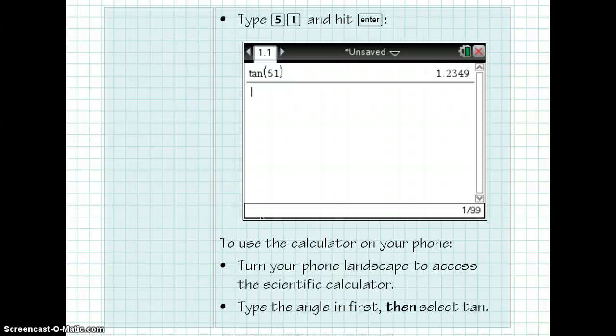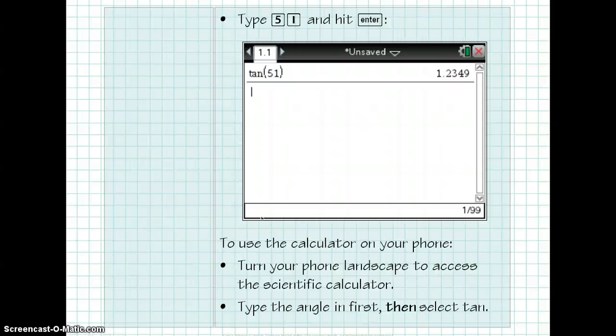Okay. Now then, if you're using the calculator on your phone, first off, if you haven't noticed it already, to get to the trig functions, you need to turn your phone sideways, generally. That will get you the scientific calculator part of your phone.